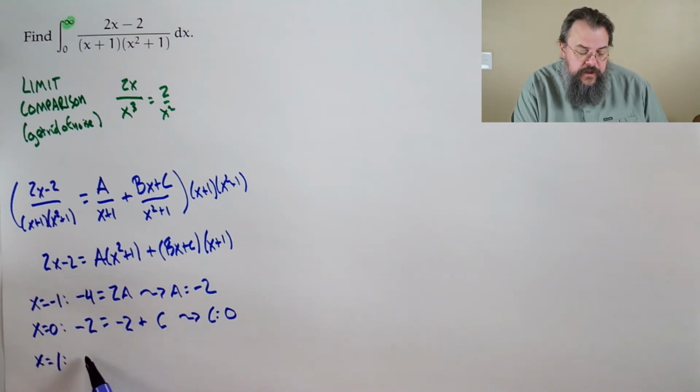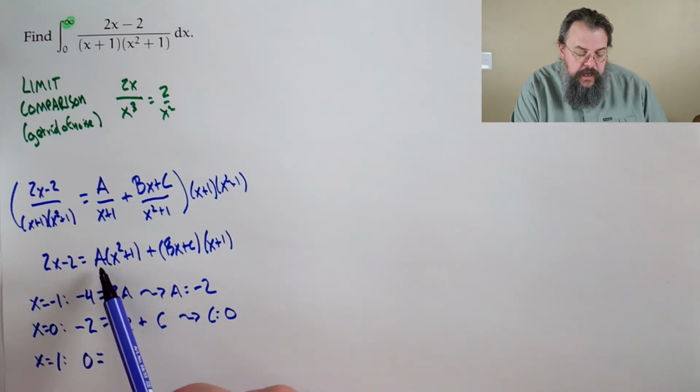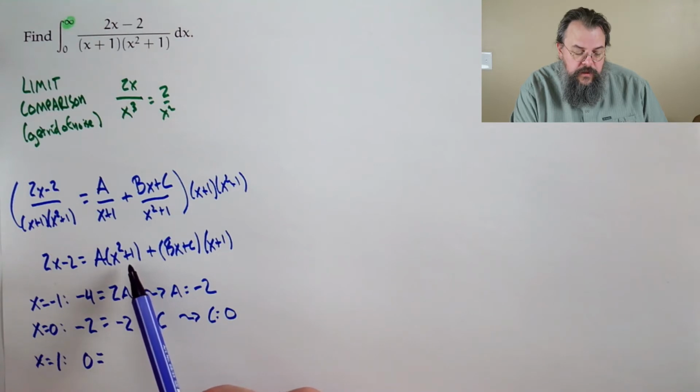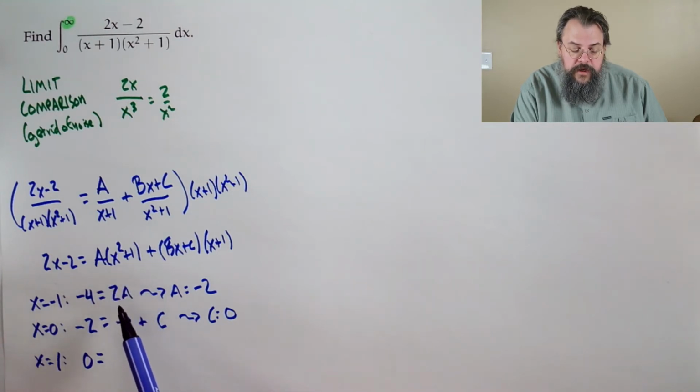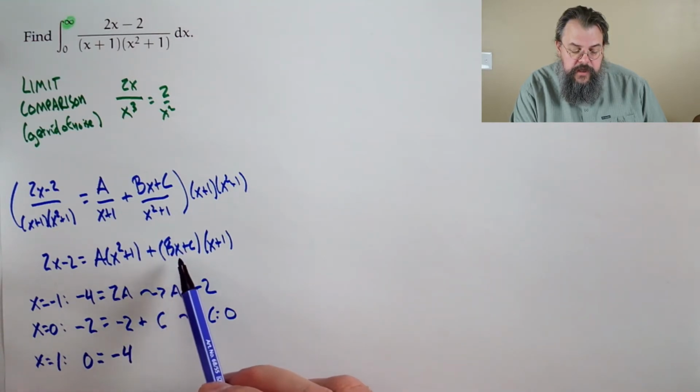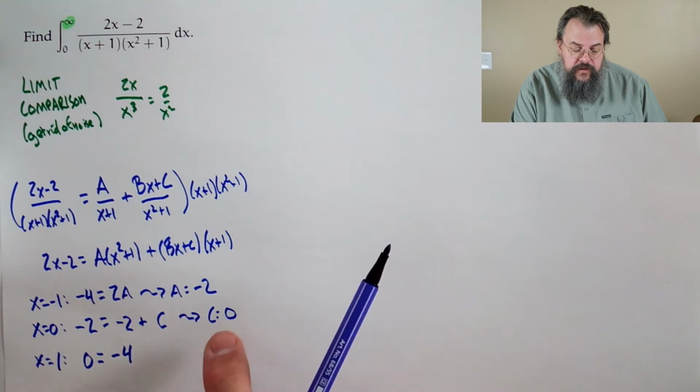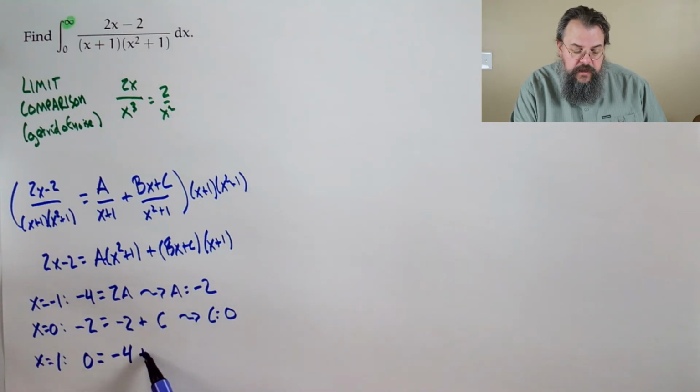2 minus 2 is 0. All right. And then we're going to get a times 2. Well, that's 2 times a. We know what 2 times a is. 2 times a is -4. Then we get b times 1 plus c. But we already know c is 0, so that's b. And 1 plus 1 is 2.